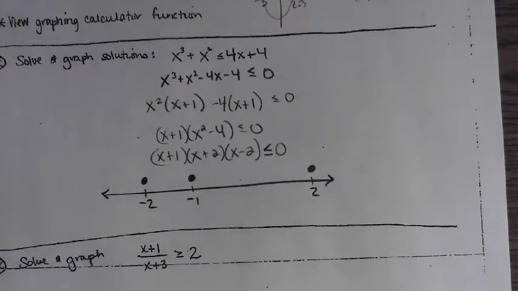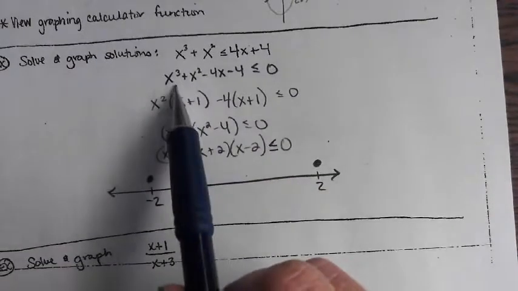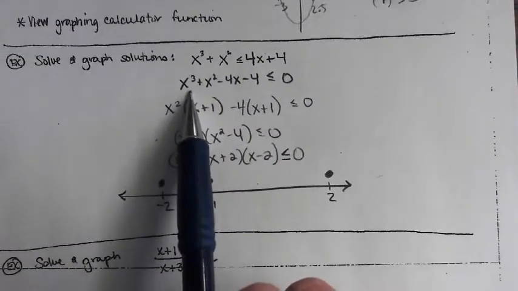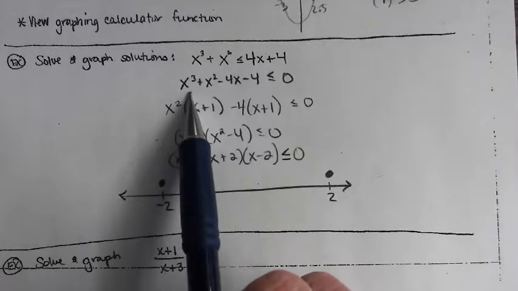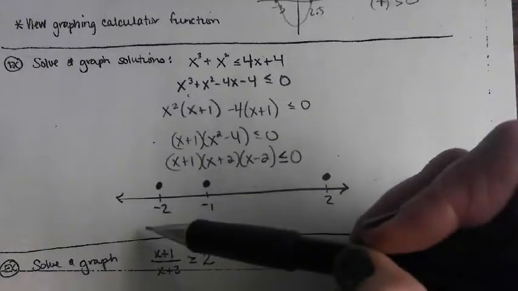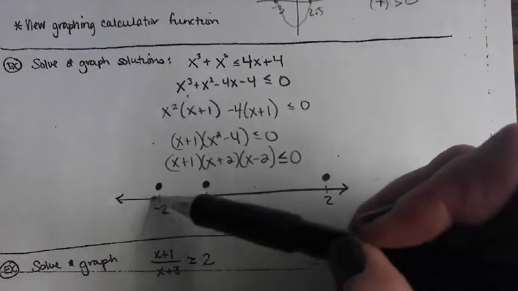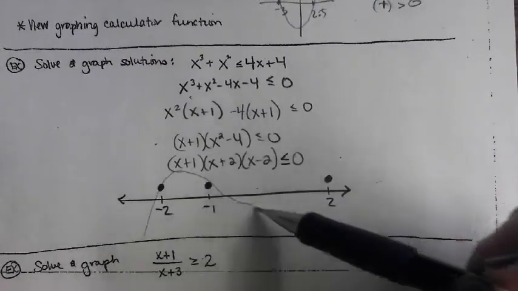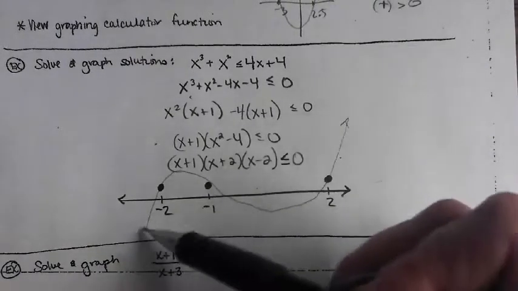Yes? So we can test all of those, or I can remind you about a positive odd starts how, ends how. Positive odd. Nate? Right. So, and we don't have any double roots, so we're going to go straight through, and straight through.